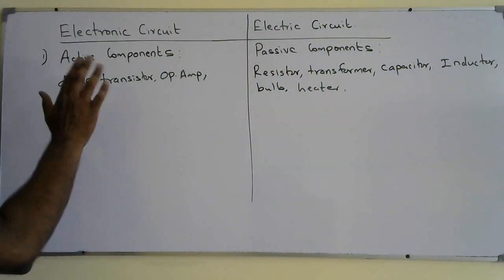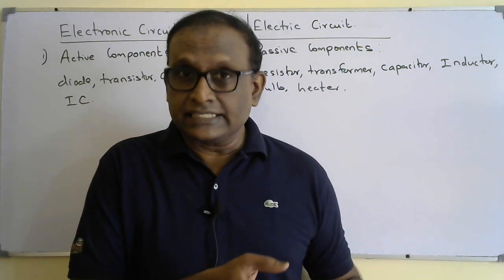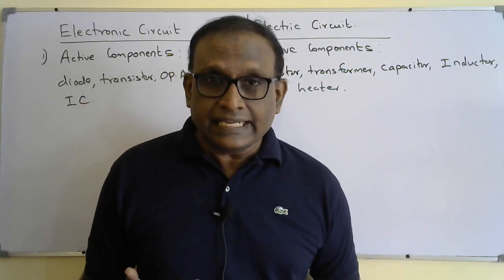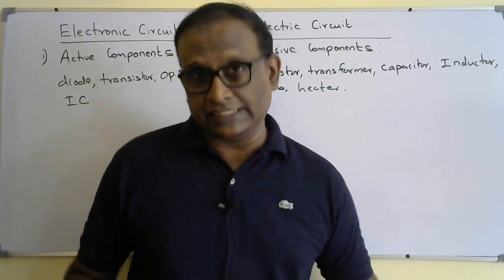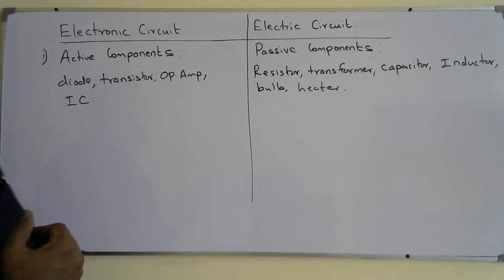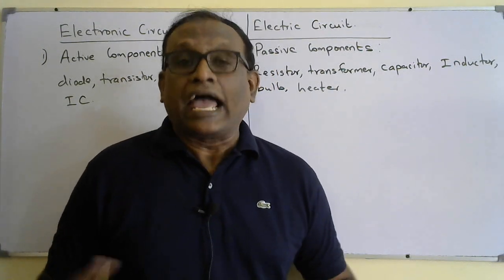They perform certain operations or functions, but for their proper function they need additional energy. For example, we are going to learn that active components are used in electronic circuits, and electronic circuits are used to make amplifiers.